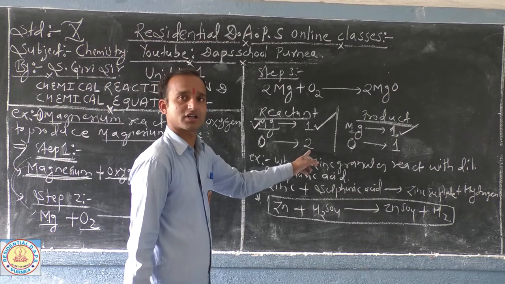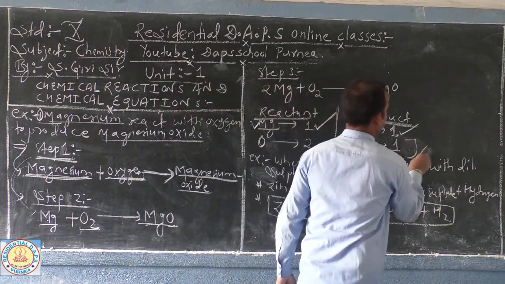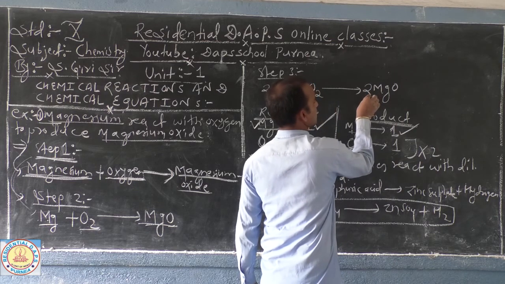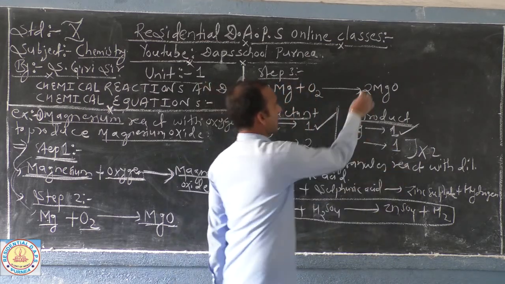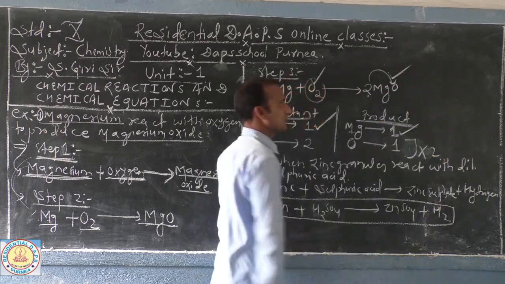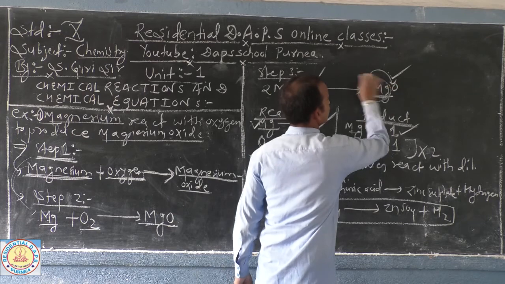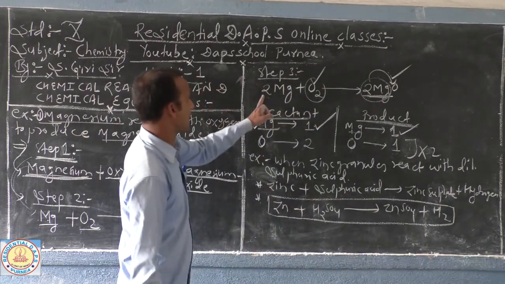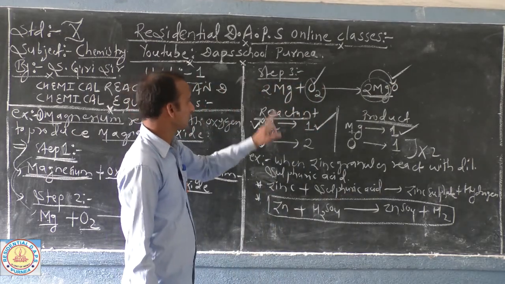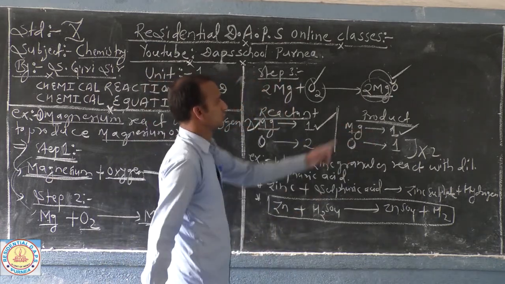Now what is the suitable whole number so that the oxygen is balanced? You need to multiply this by 2, so here 2 is taken. Now oxygen has been balanced, but on the product side you are getting 2 oxygen and only 1 magnesium, so you have to multiply magnesium by 2, and here it is already 2.